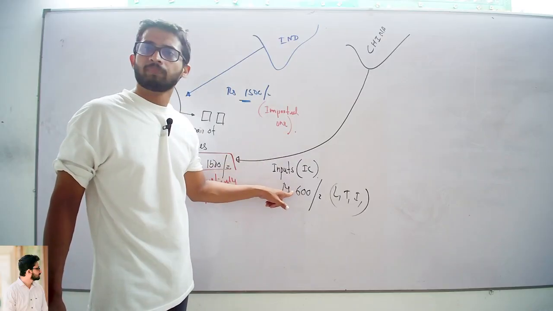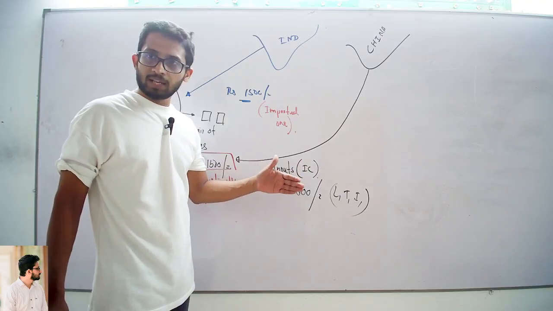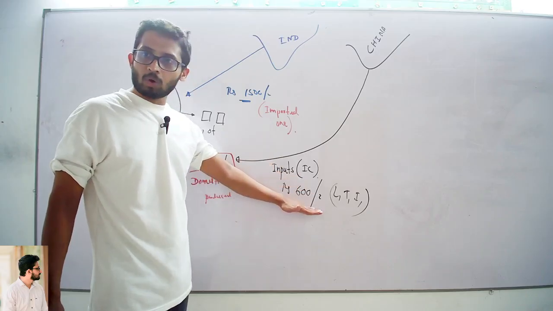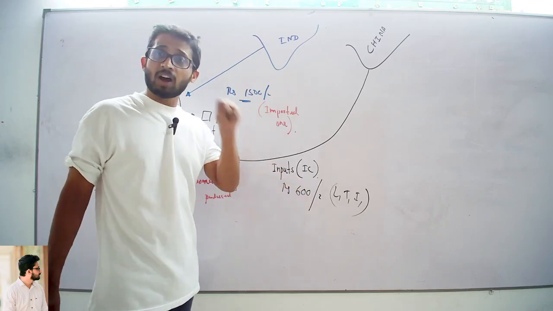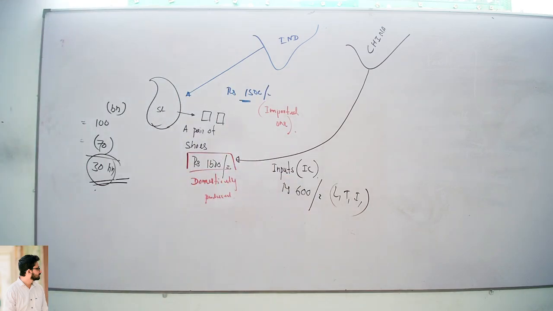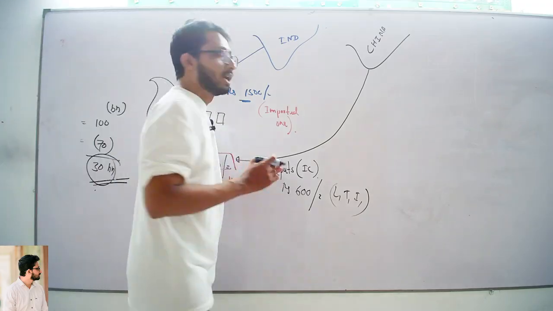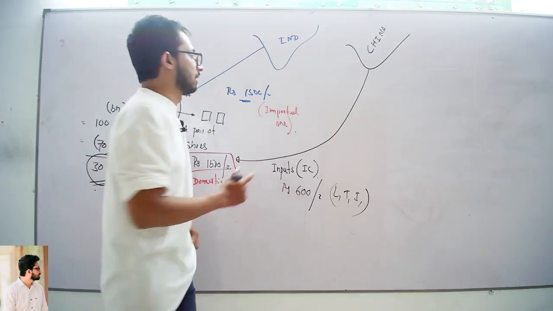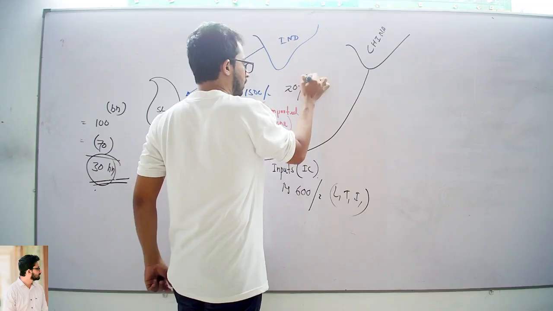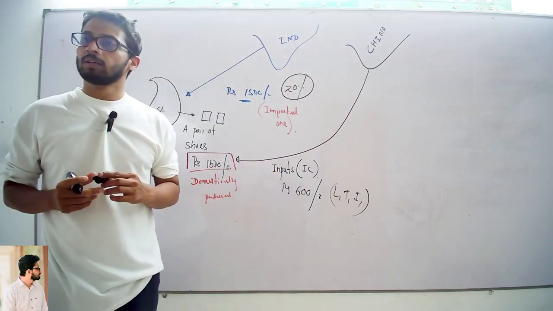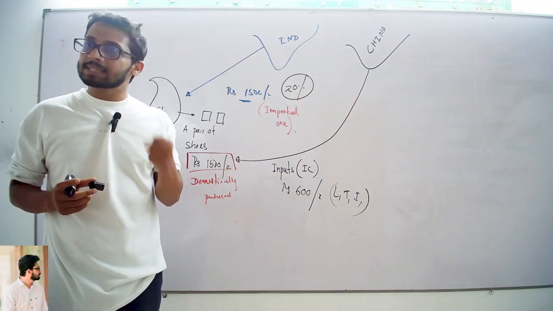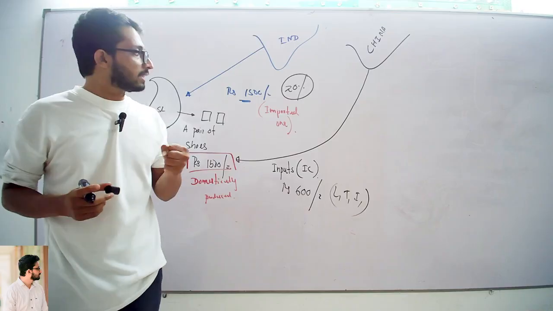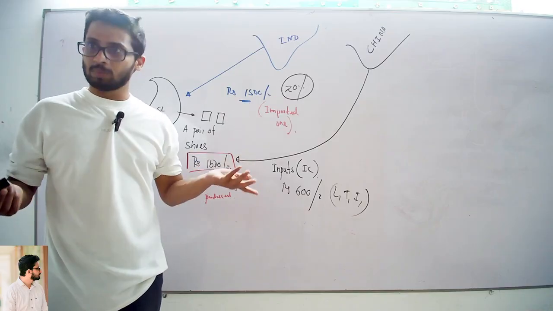Imported final goods. Very good. The government has imposed a 20% tariff rate on the final product. Imported products have been taxed at 20%. That is the nominal rate of protection.